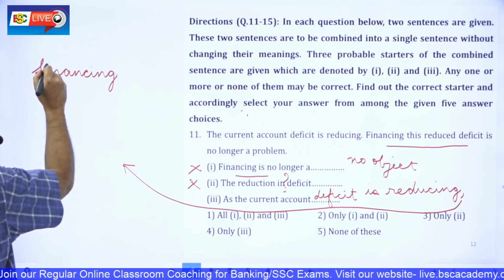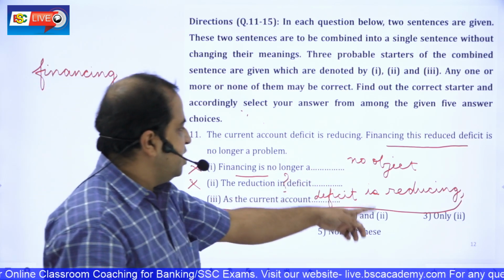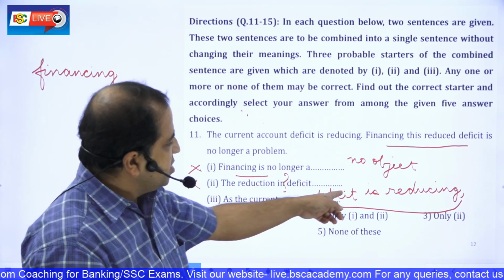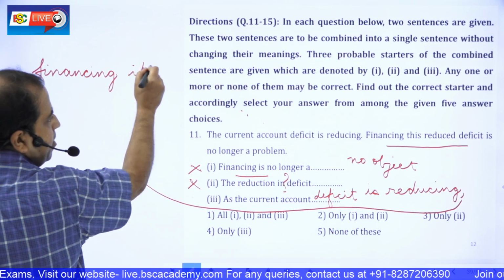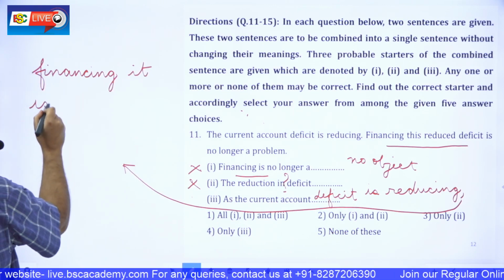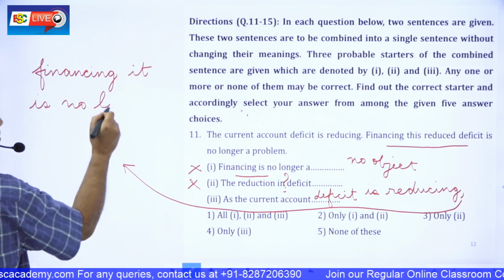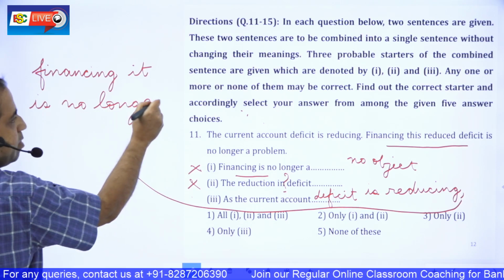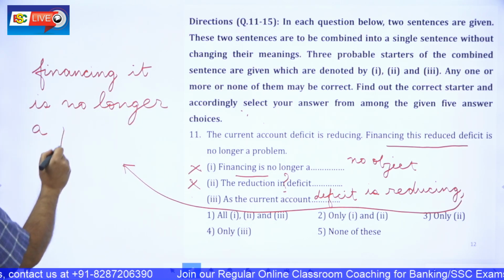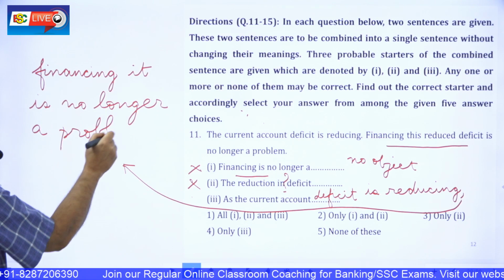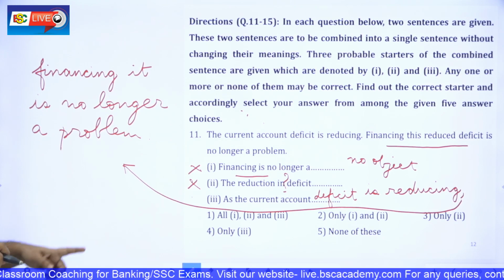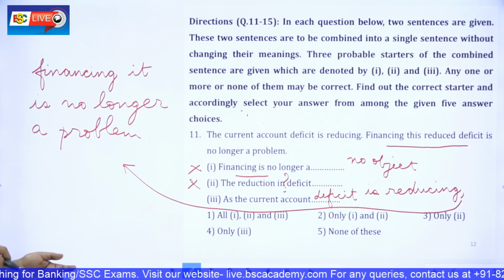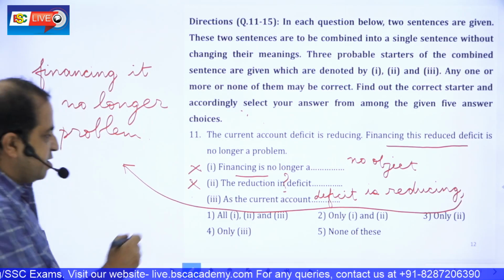Now this reduced deficit, we can simply do with an it, because as the current account deficit is reducing, financing it is no longer a problem. As the current account deficit is reducing, financing it is no longer a problem. So we can start with 3.